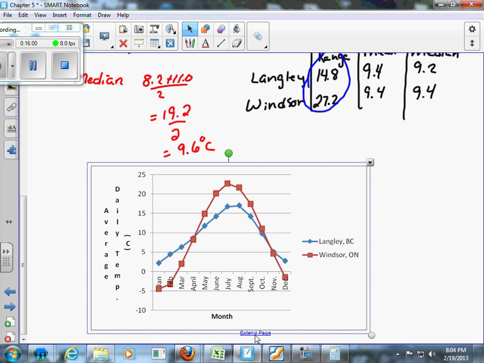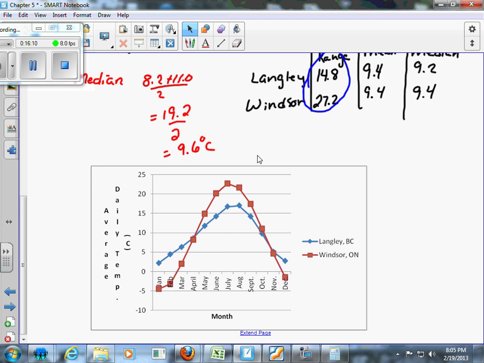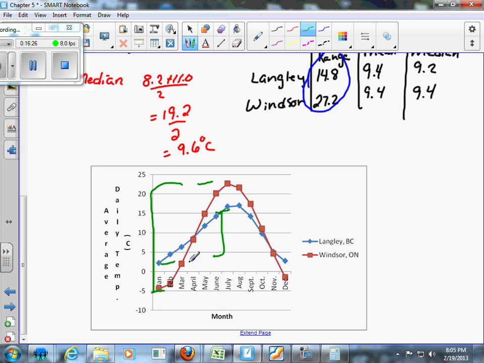As we're looking at the graph, we can see that for Windsor, Ontario, there's definitely a bigger range in the temperature differences. And I'll just set this in place. So we look here, we can see from highest to lowest the amount of range that we have, and in this one, highest to lowest the amount of range that we have. So it's definitely a large range in temperature.